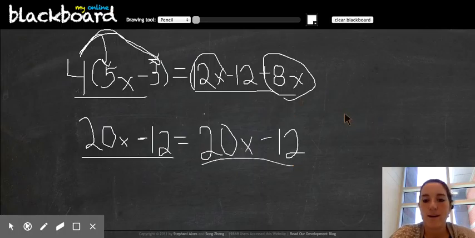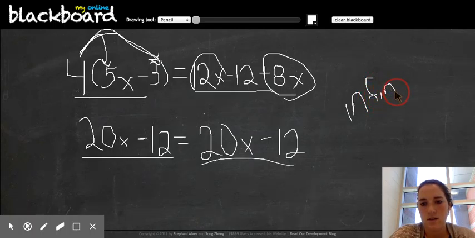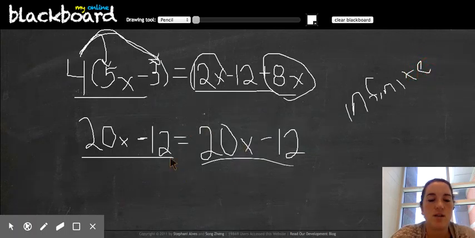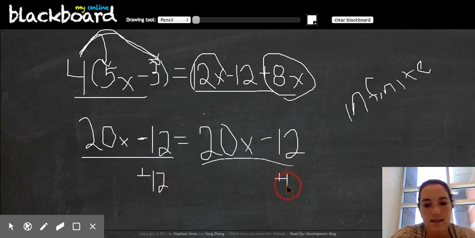So what type of equation is this? It is an infinite solutions equation. When you have the same thing on both sides of the equation, it's infinite solutions. Let's figure out why. If I add 12 to both sides, I end up with 20x equals 20x.